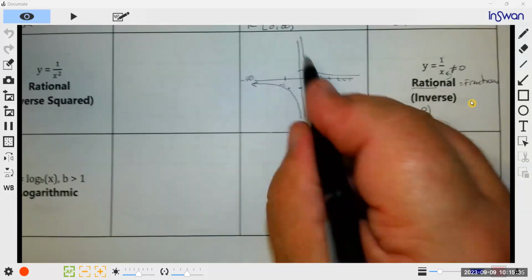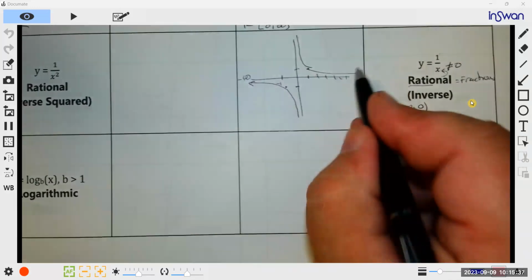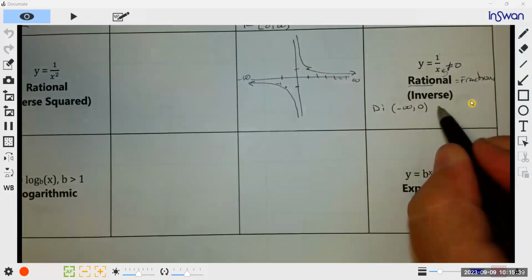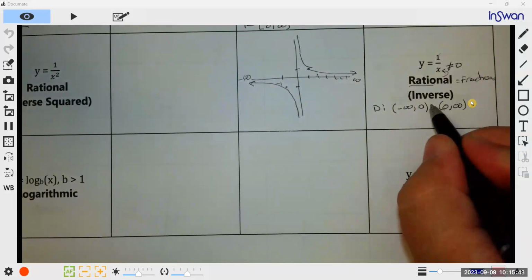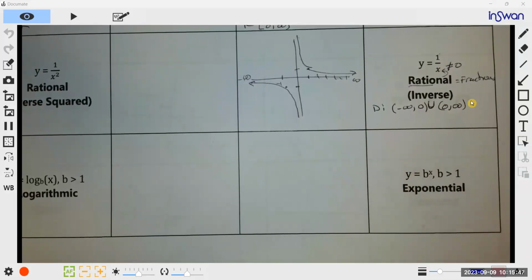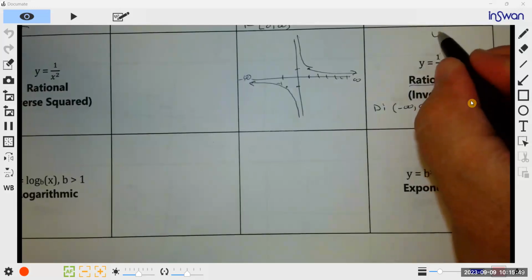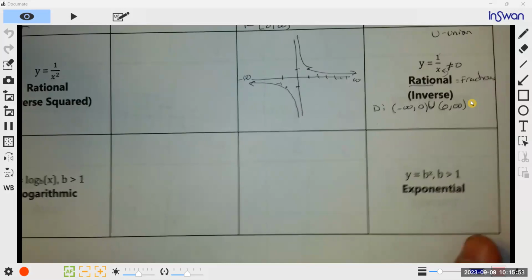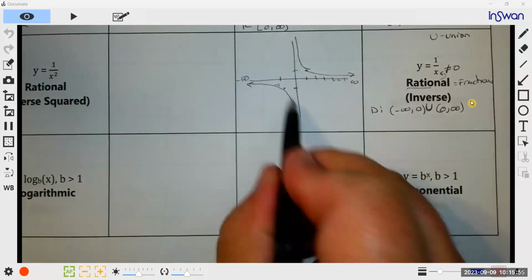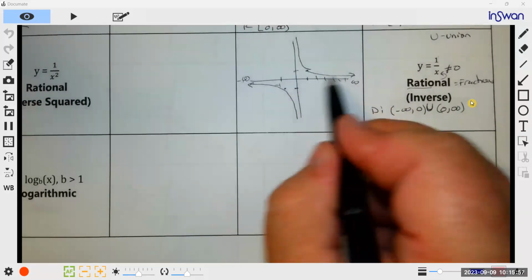And it starts the same thing on the other side. It gets very close to 0, and it goes on to positive infinity. We use the U as a union, which means my answer can be here, or it can be here.